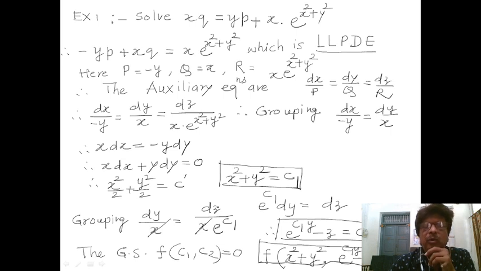We shall solve two more examples. Let us solve the second example. Example number 2. Y square z times p plus x square z times q equal to xy square.